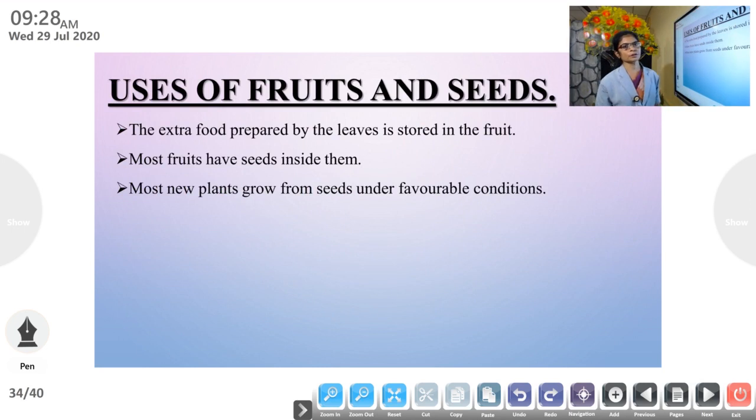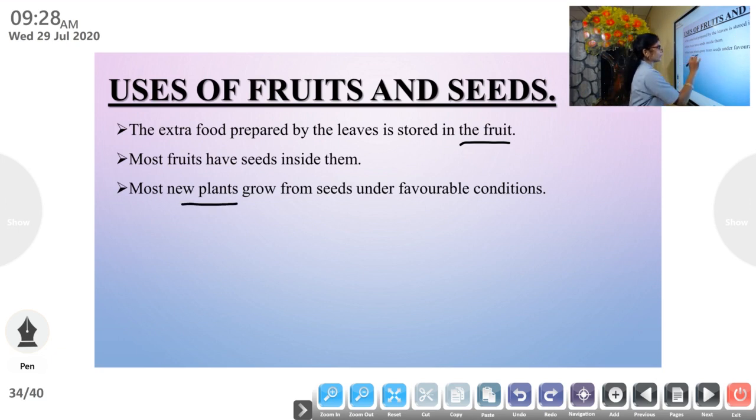Uses of fruits and seeds. What are the uses of fruits and seeds? The extra food prepared by the leaves is stored in the fruit. Most fruits have seeds inside them.